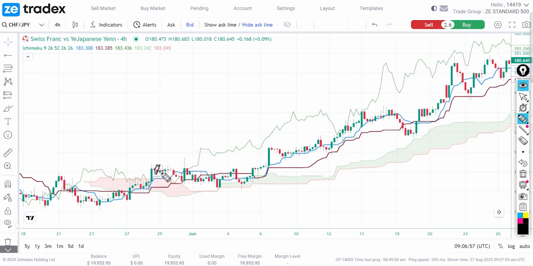Then the next thing we need to make sure of is that we have a cloud that is green. Like here, if the price closed here and let's say the cloud was here, we'll wait until we see a green cloud here. You can see we have a green cloud here. This is the second rule.